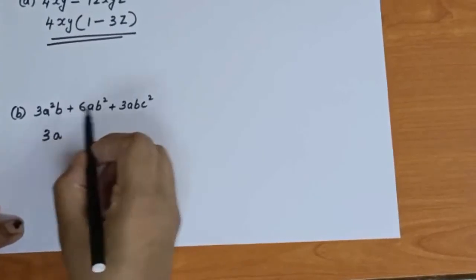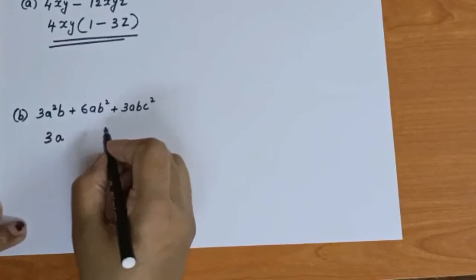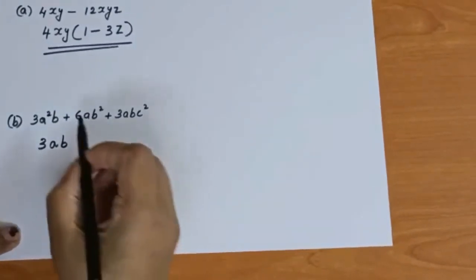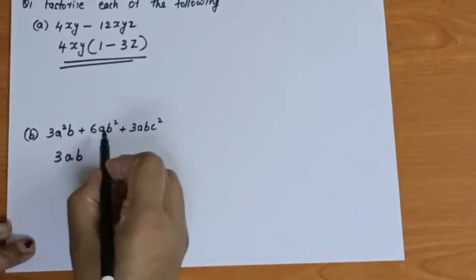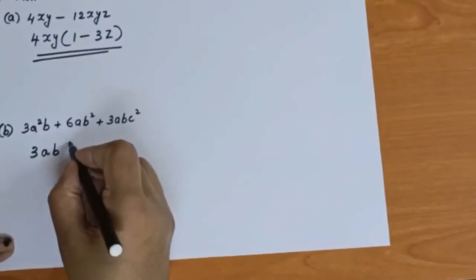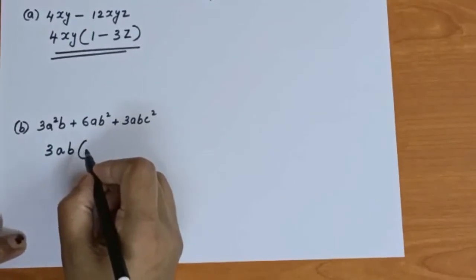Here we have b, b square, b, so b is present in all the three terms. So take b. And c is here only in the third term; the other two terms do not have c, so we cannot take c outside. So 3ab I took outside and start the bracket.